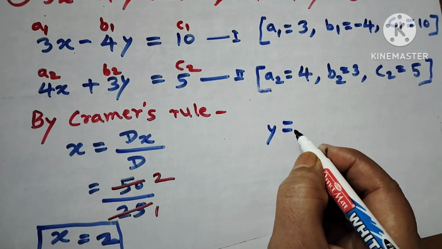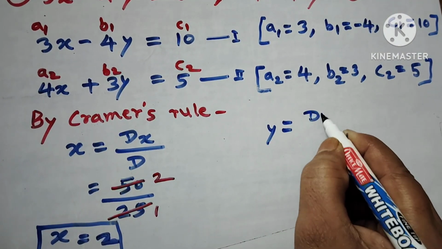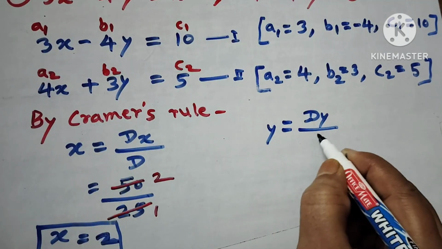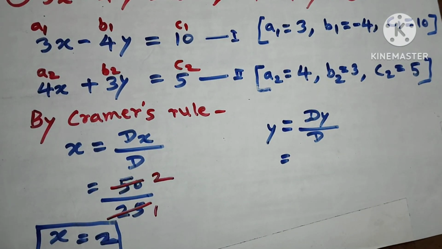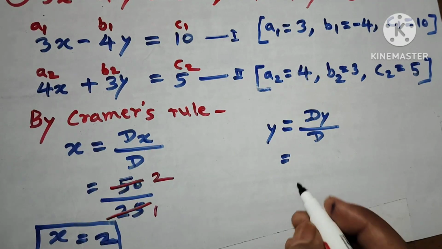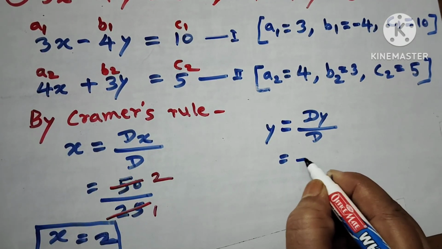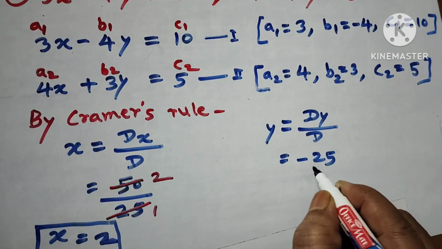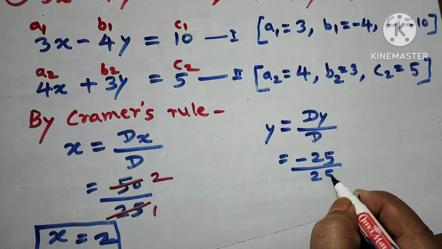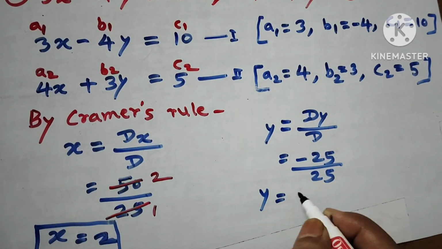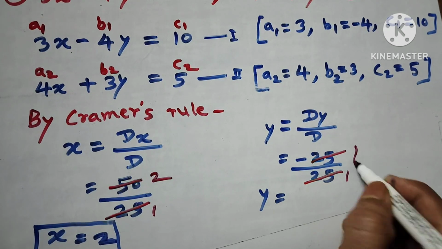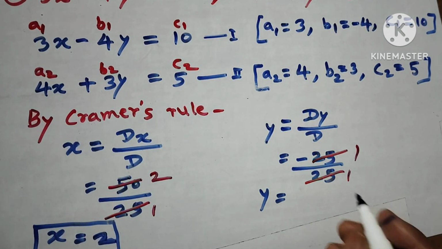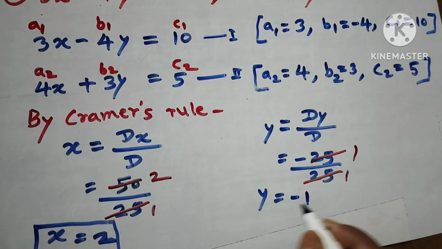Y is equal to Dy upon D, is equal to minus 25 upon 25. Then y is equal to 25 ones are 25, minus 1.